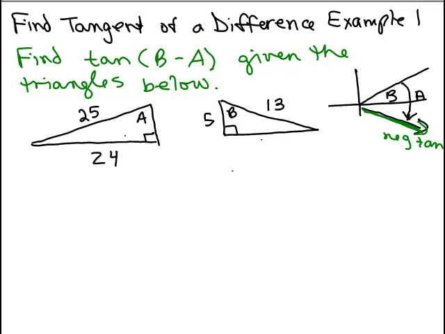Now we need to find out these sides that are missing, and you could use the Pythagorean theorem, or you might know some of the special Pythagorean triples.